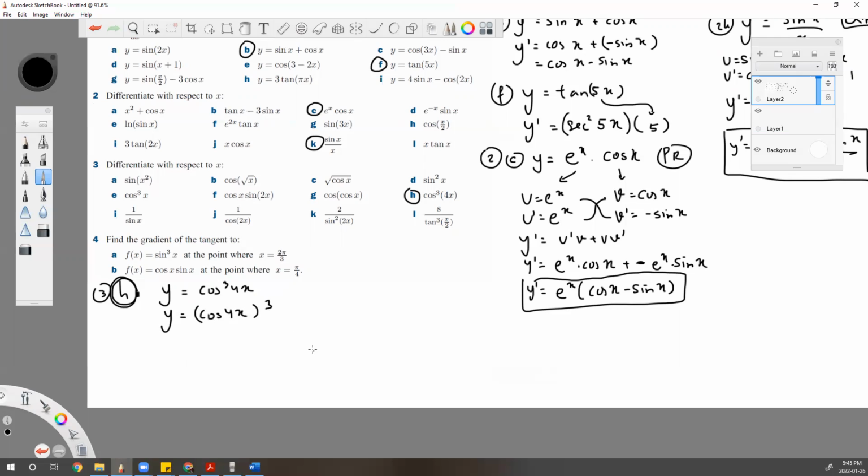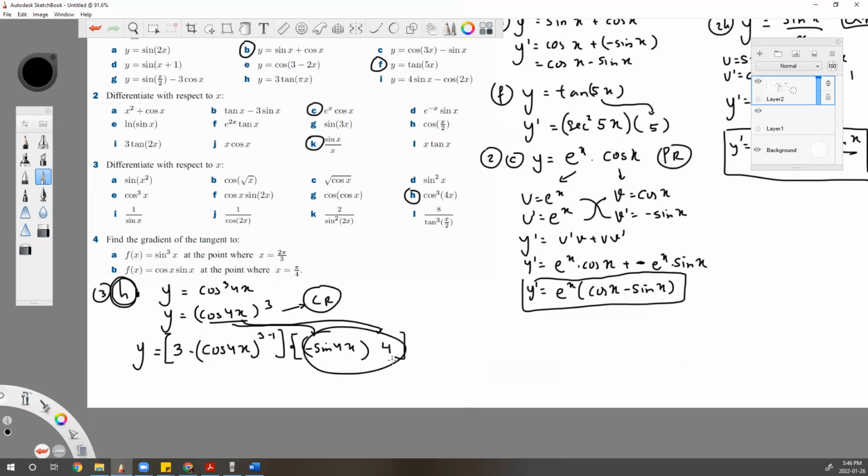So you use the chain rule. y' equals 3 goes down times cos 4x to the power of 3 minus 1, times the inside. Cos 4x becomes negative sine 4x, times the inside again, the double chain rule. See? 4. This is the regular chain rule. And this is the trigonometric chain rule.